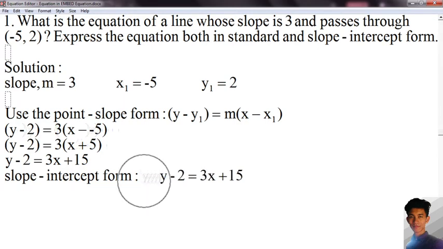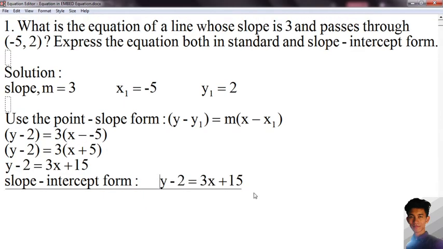So, dapat y lang yung matira dito sa left side ng equation. Okay? So, ang gagawin lang natin, we have to add 2 to both sides. Para mawala itong -2. At matitira na lang ay yung y mismo. Okay. So, 3x, 15 plus 2, that is 17. Okay. So, ito na ngayon ang ating slope-intercept form.